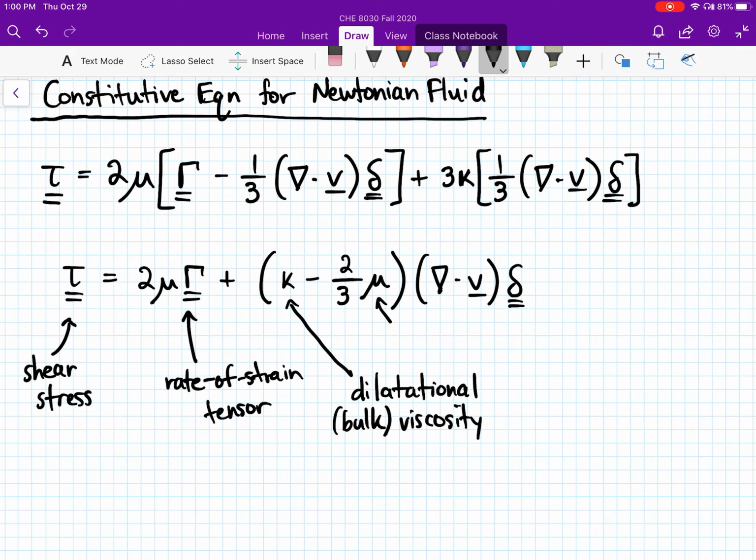And then we have our shear viscosity, which is probably what you are all most familiar with.